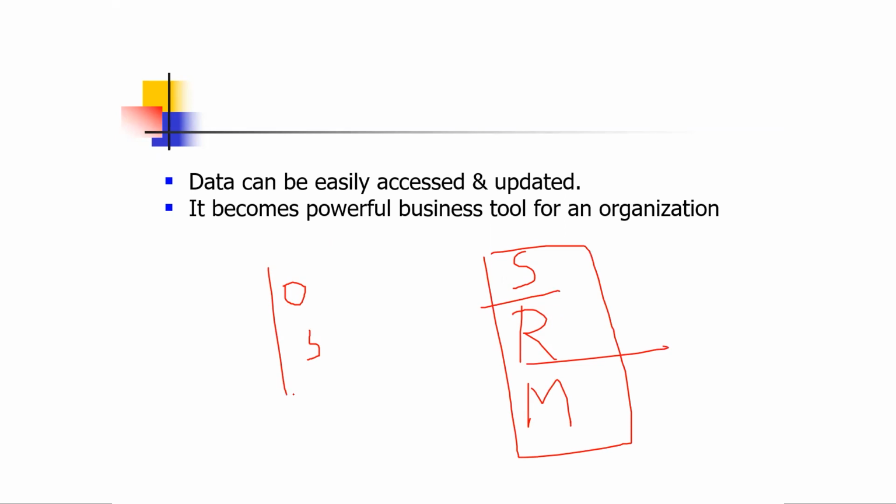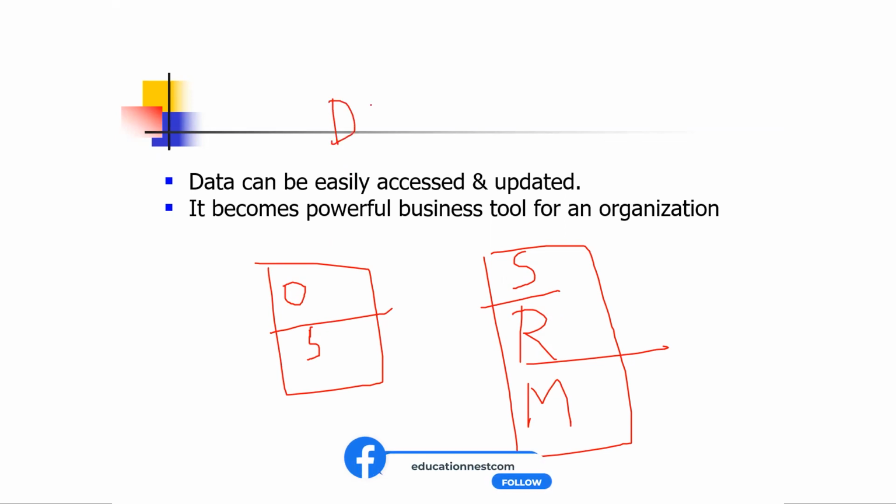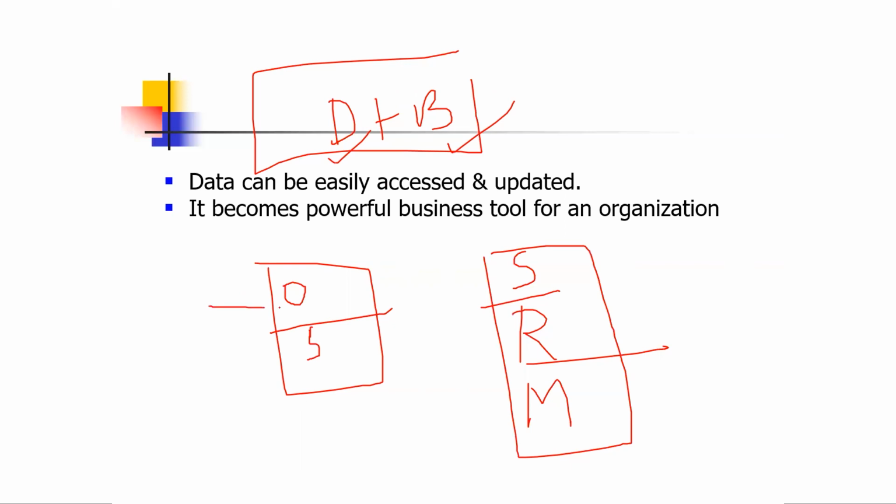If you remember only these 5 terms, then you can easily give the definition. Definition-wise, data plus base. Data is the information, base is the collection. Database is the collection of information in an organized, structured, or controlled manner.